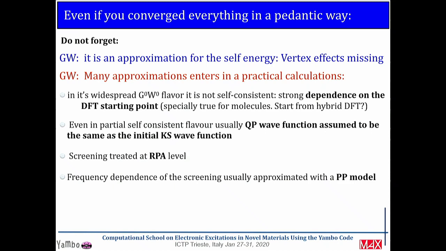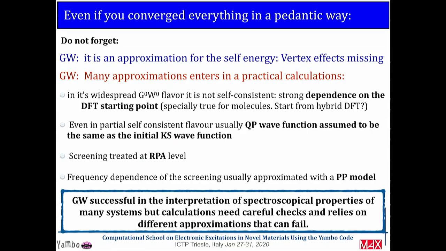In this way, the problem of the starting point is mitigated. It's not resolved, but it is mitigated. But anyway, about the wave functions, you always assume the initial constant wave function. So here there is still a reminiscence of the starting calculation, RPA level for the screening, and the plasmon-pole model. The plasmon-pole model in particular can be critical for several materials.